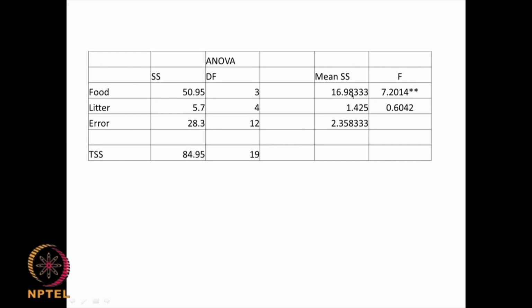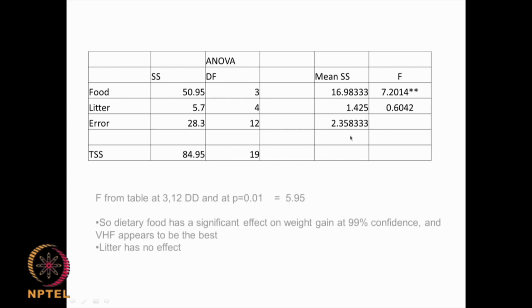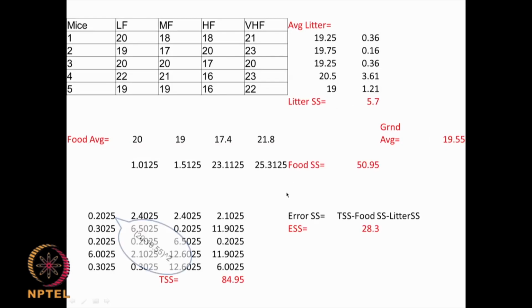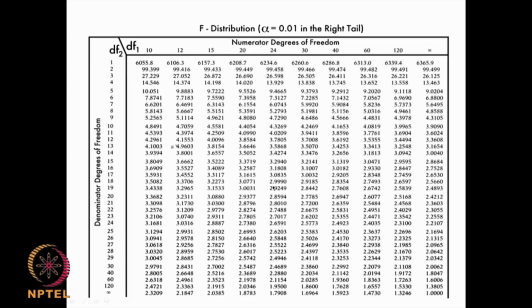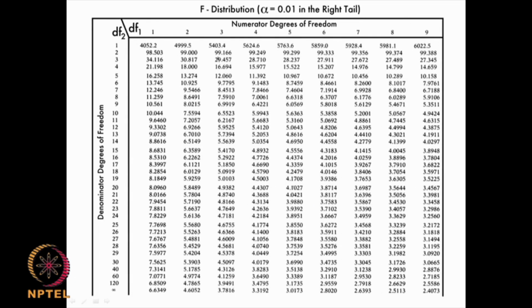So if I want to get F, 16.9 divided by 2.35, that comes to 7.2. Then for litter, 1.4 divided by 2.35, 0.6. Okay. So for 3 and 12 degrees of freedom at 99%, let us go to the F table, 3 and 12 degrees of freedom for 99% is 5.95.